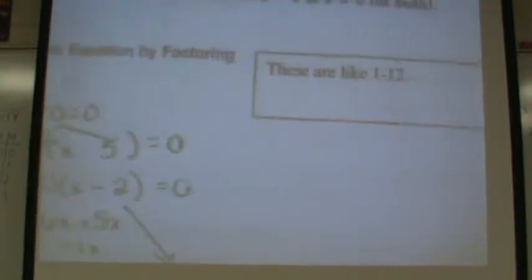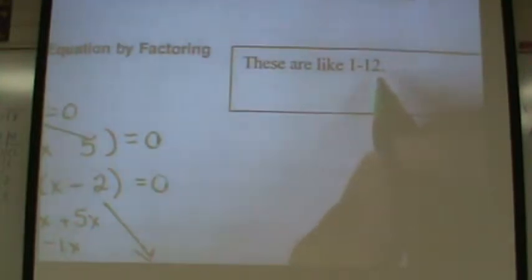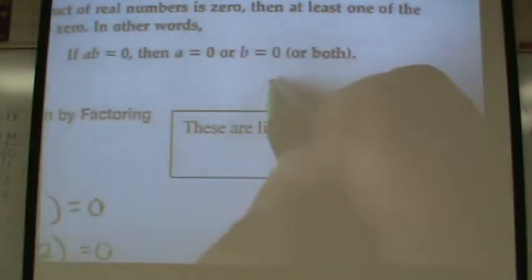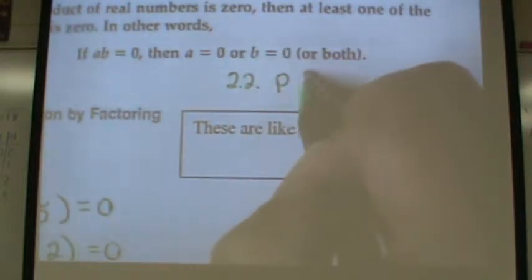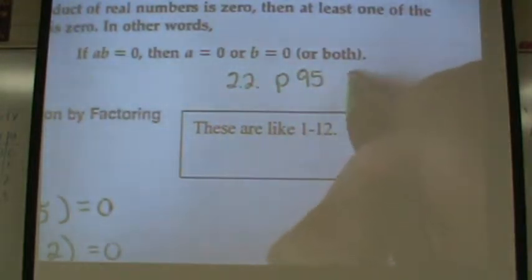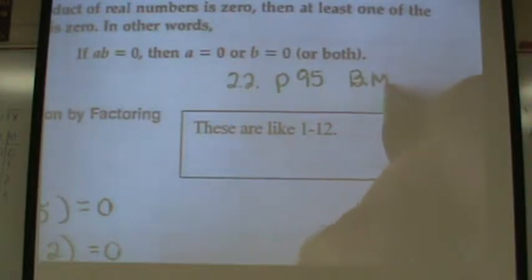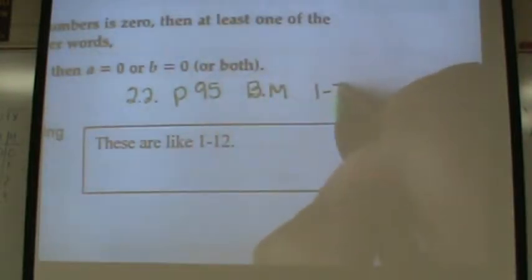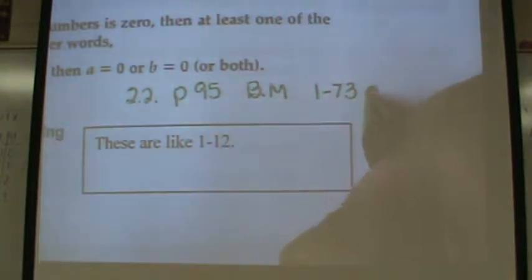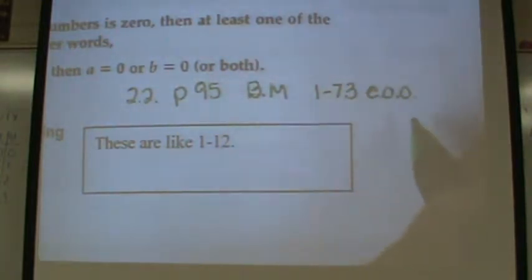For questions 1 through 12 in your book, in the homework assignment for tonight, it's section 2.2, page 95. You know what BM stands for? Bare minimum. The bare minimum, I want you to do 1 through 73, EOO. You know what EOO stands for?